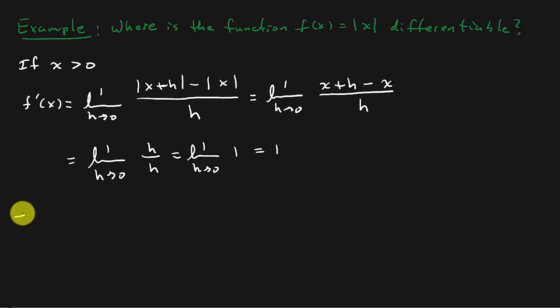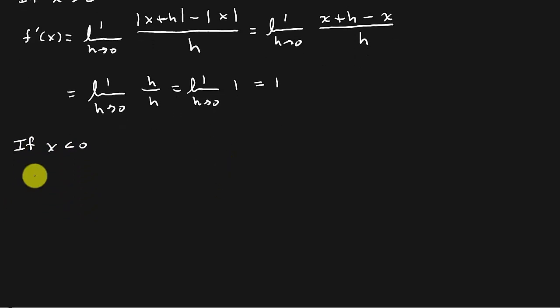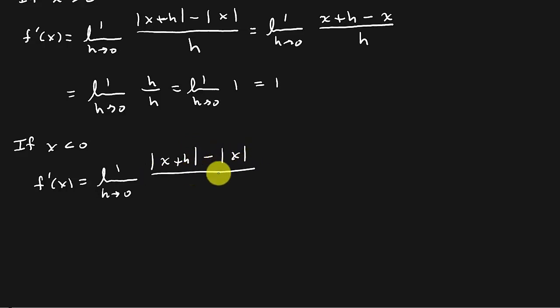Now, what if x is less than 0? Then f prime of x is equal to the limit as h goes to 0 of the absolute value of x plus h minus the absolute value of x, over h.